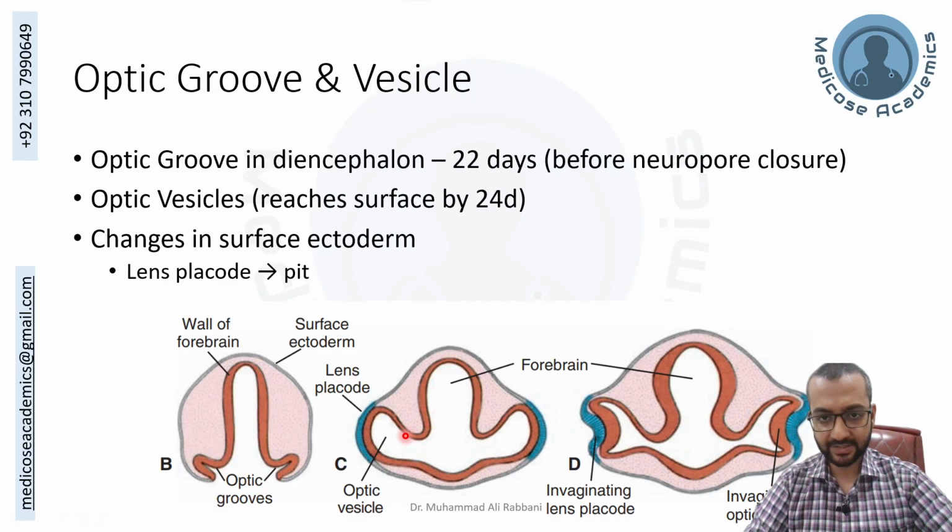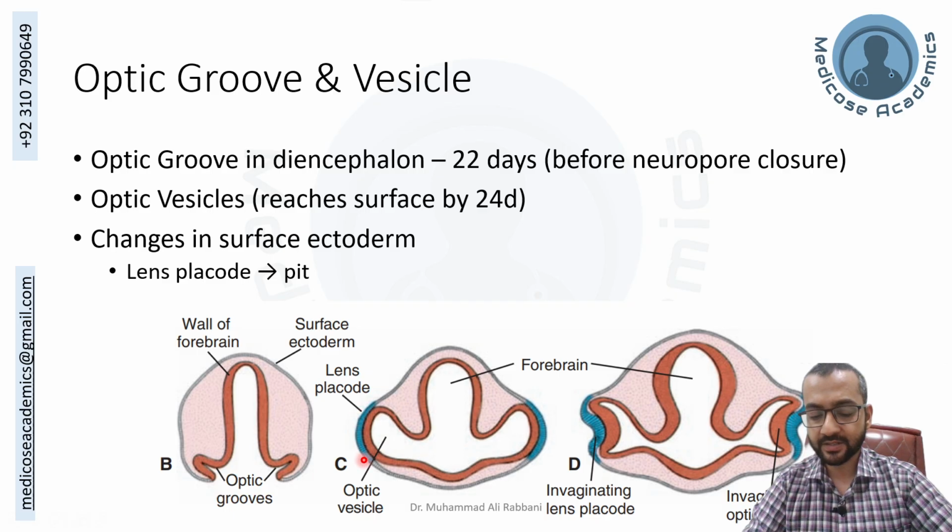This will become the optic vesicle, and as the vesicle enlarges, it approaches the surface ectoderm above that area. As it does so, the optic vesicle expands and the connection with the diencephalon starts to narrow down, and this will become the optic stalk, and this vesicle remains here.